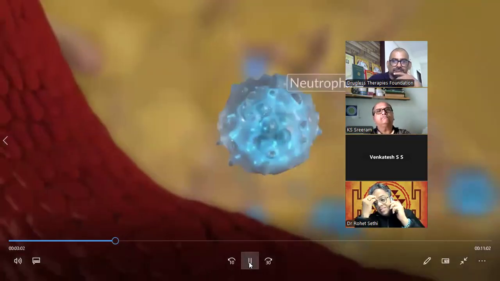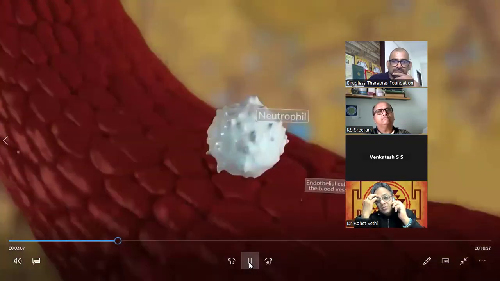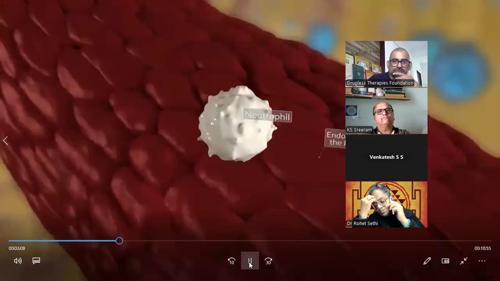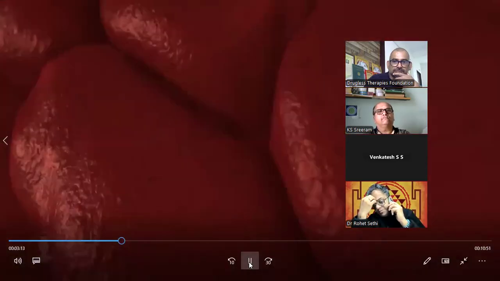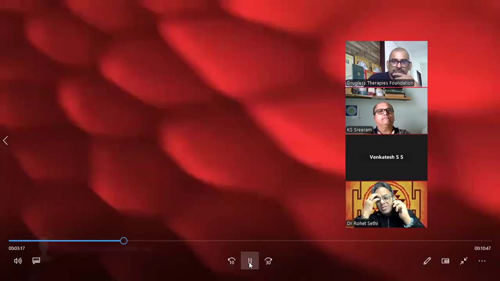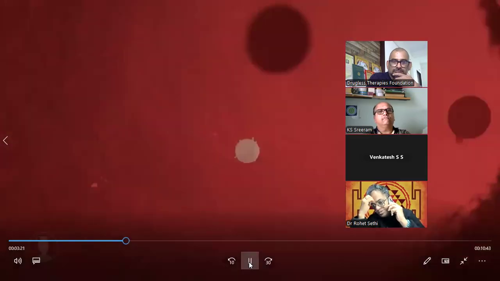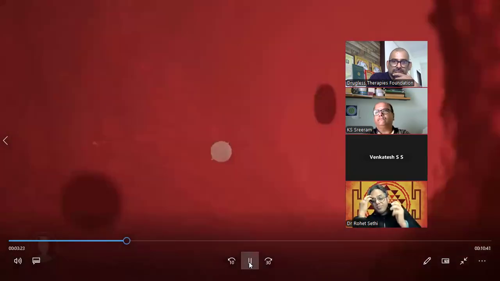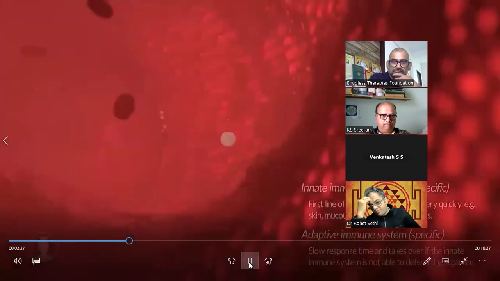Some of the neutrophils remain in the bone marrow, while others make their way into the bloodstream. Our neutrophil belongs to the so-called innate immune system and moves through the blood vessels.